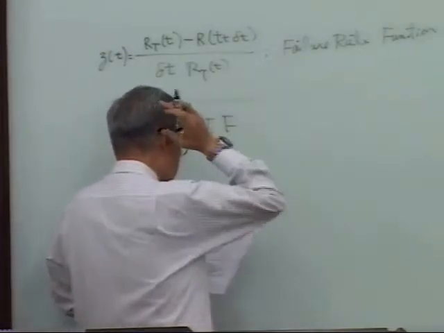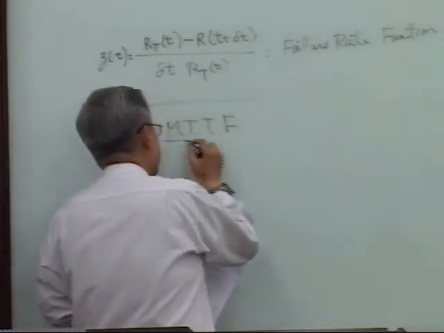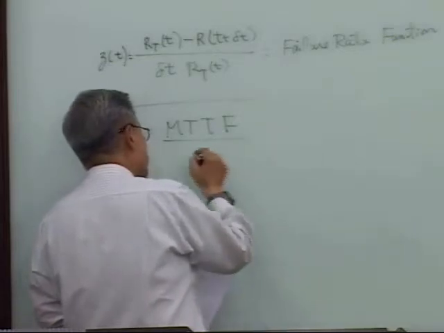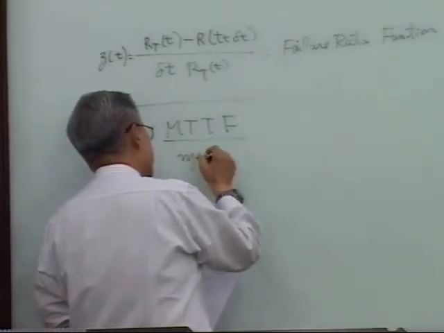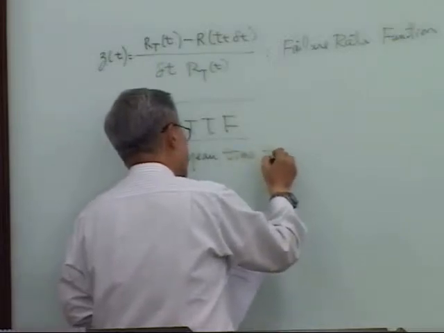MTTF is mean time to failure. So E(t) is exactly that, mean time to failure.